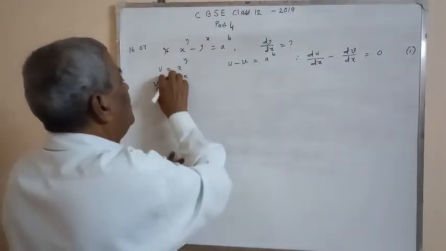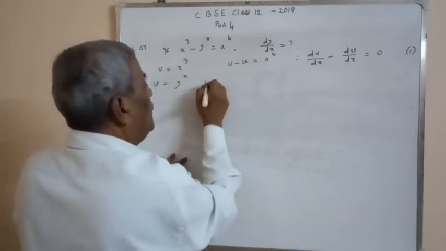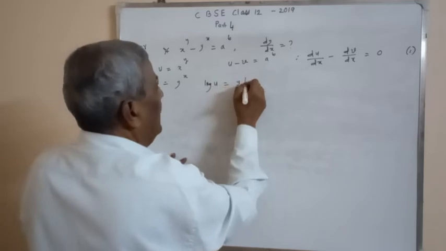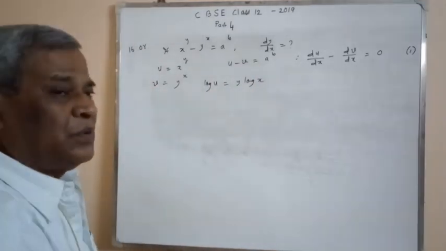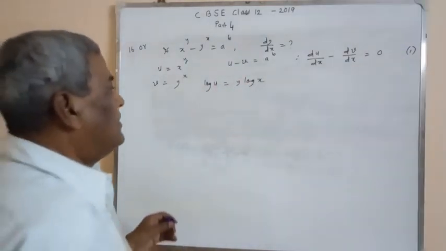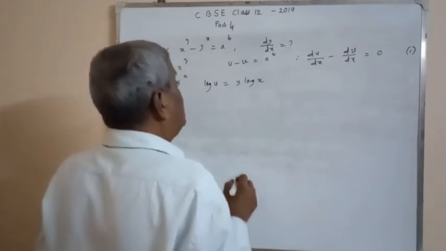Taking log of both sides, we get log u is equal to y log x. Now it is no problem to differentiate both sides with respect to x.